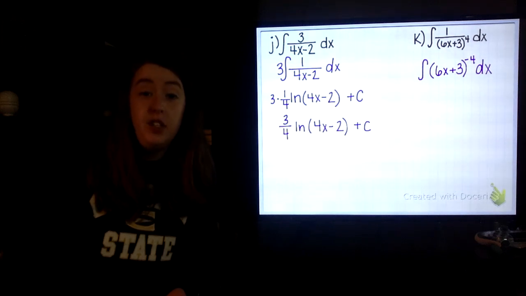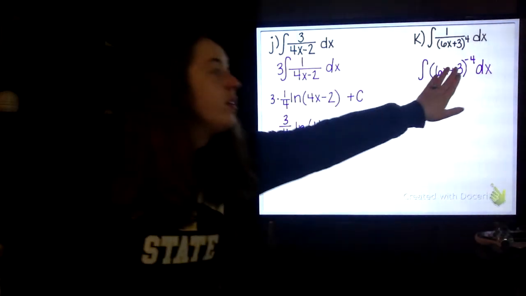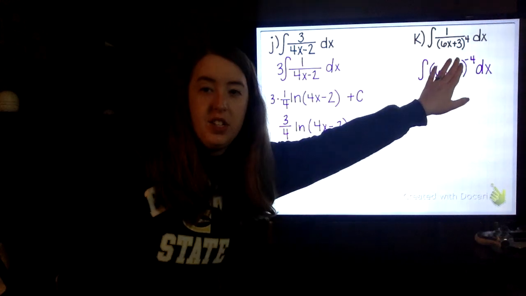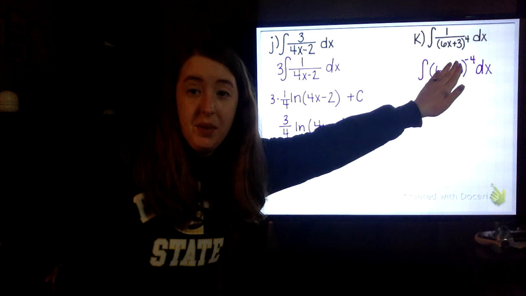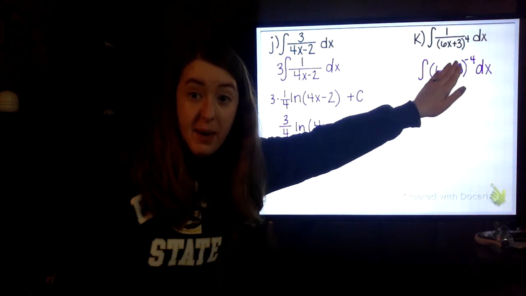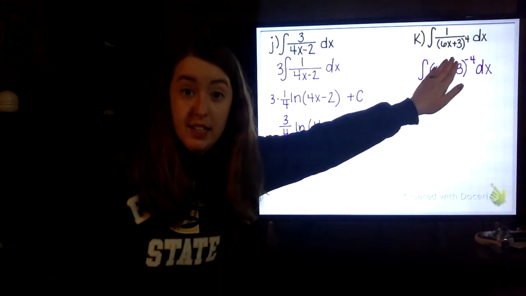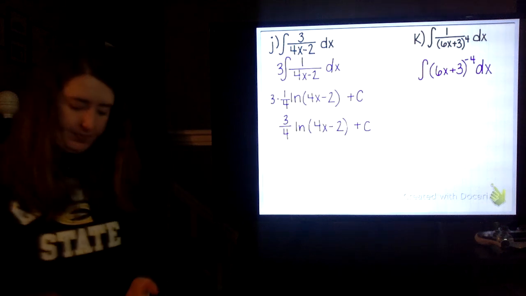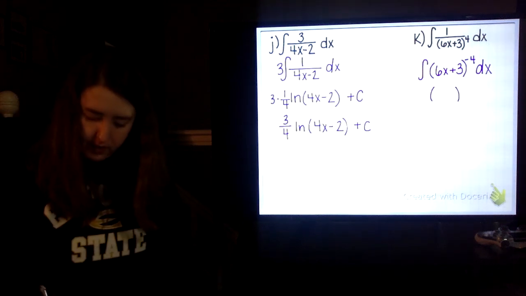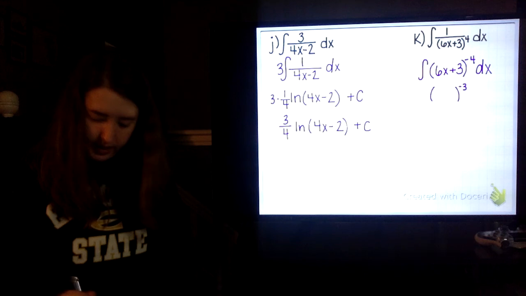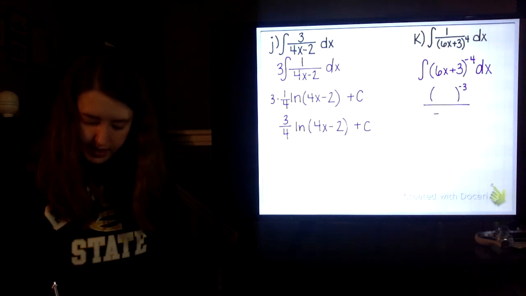The next good thing to do is to ignore the inside and just look at the negative 4th. So x to the negative 4th, what would we have to do with that? Add 1 to the power, divide by the new power. Add 1 to the power, now it's negative 3, divide by the new power, so that's negative 3.